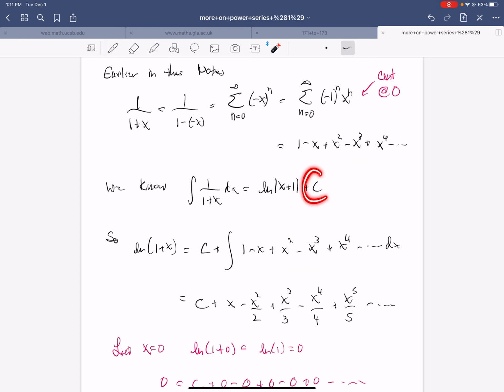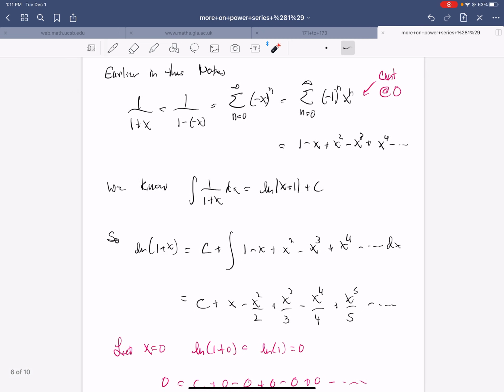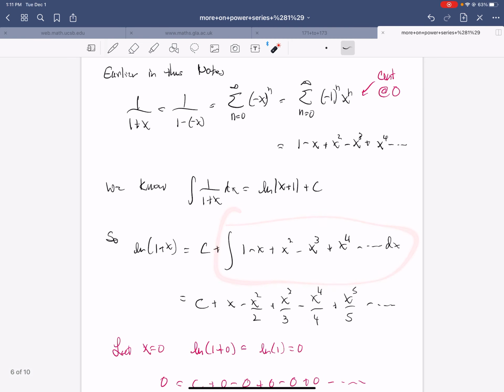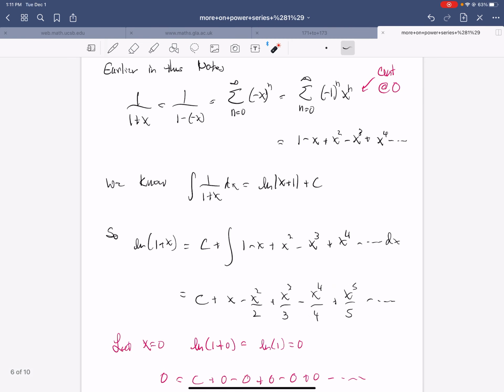And so notice my c is there, and then I have this integral in there. So the antiderivative of 1 is x. This gives me x squared over 2, and x cubed over 3, and x to the 4th over 4, x to the 5th over 5, and so on and so forth. It was alternating signs because we had to play that minus a negative trick. And so there's what I get for that.